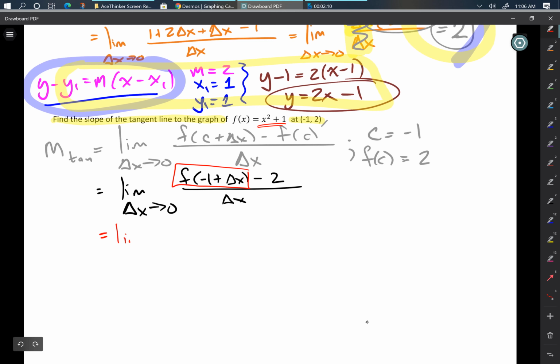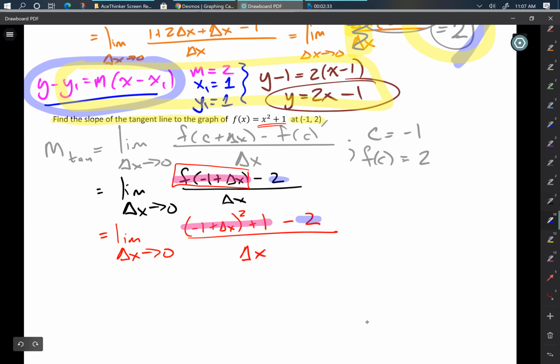So I still have the limit. It is still as delta x is approaching 0. Nothing's changed there. But now I have to do -1 plus delta x squared plus 1 minus 2 over delta x. Okay? This whole piece right here is that. Okay? This minus 2 is just that -2.